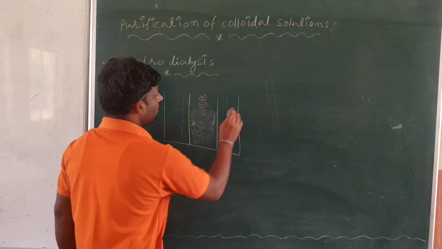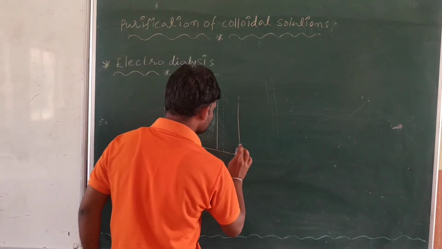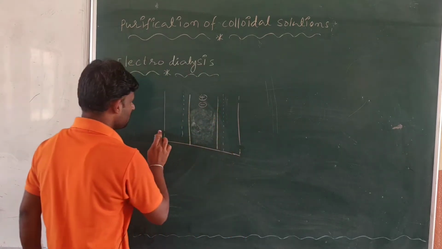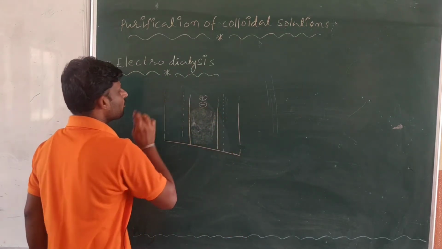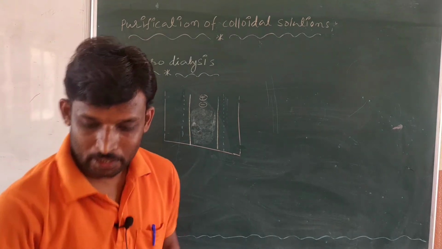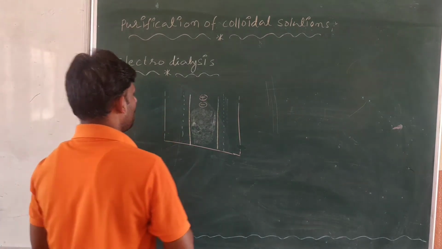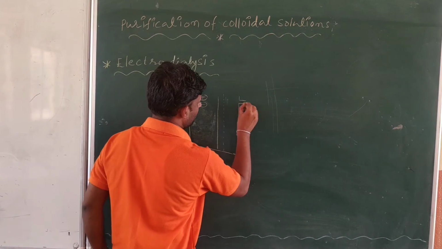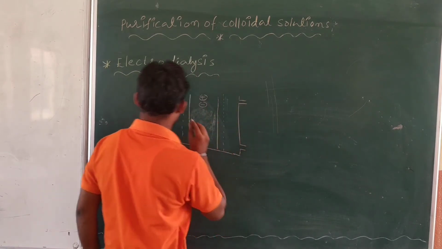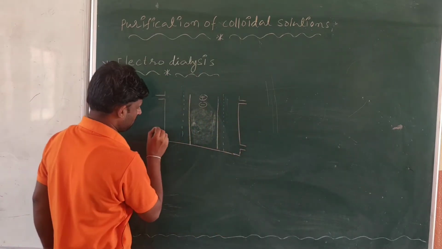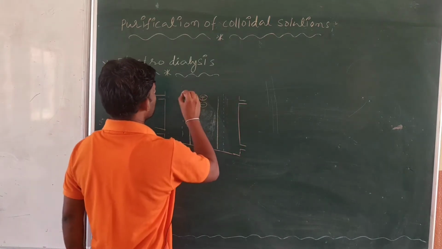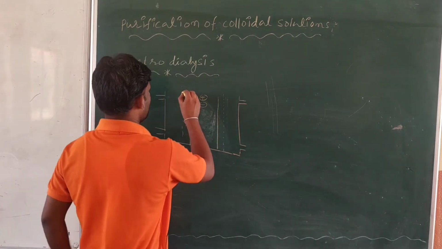Now here, on both sides I am going to keep the outlet and inlet. This is a metallic gauze or metallic screen.